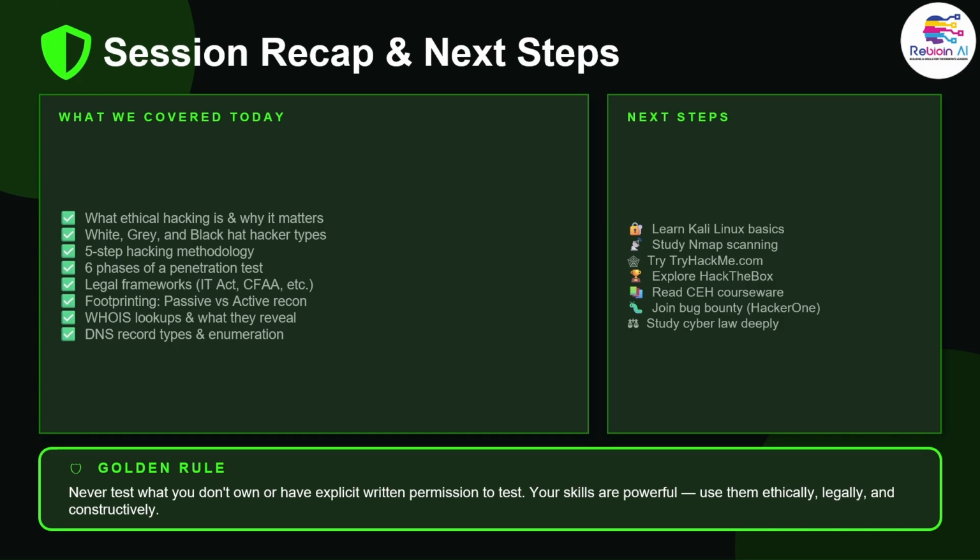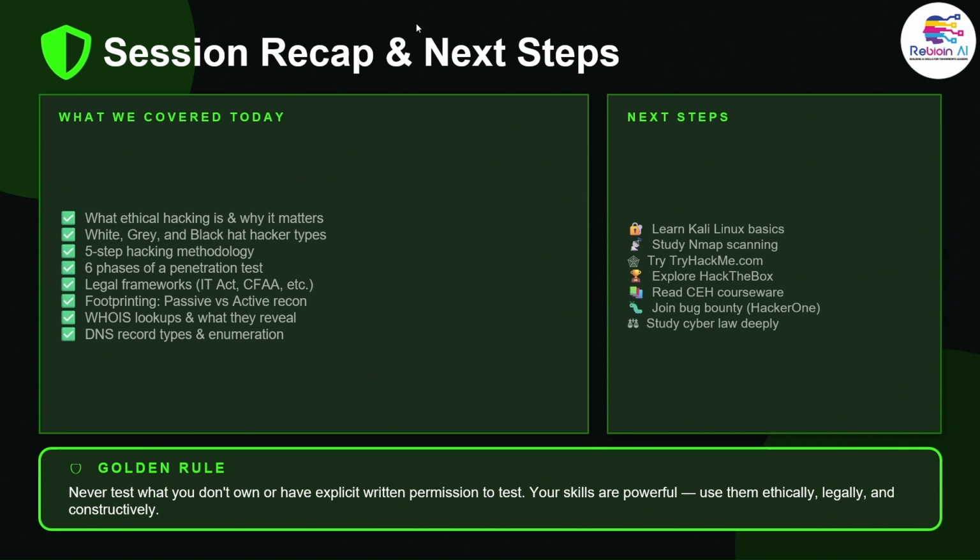We covered what ethical hacking is and why it matters, white, gray, and black hat hacker types, the 5-step hacking methodology, 6 phases of penetration test, legal frameworks like IT Act and CFAA, footprinting, passive versus active reconnaissance, WHOIS lookups and what they reveal, DNS record types, and enumeration.